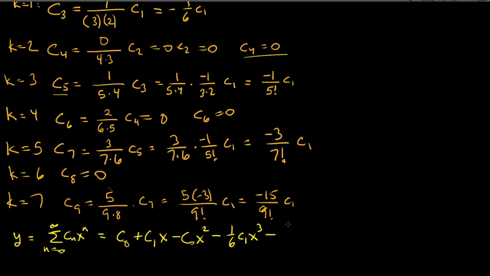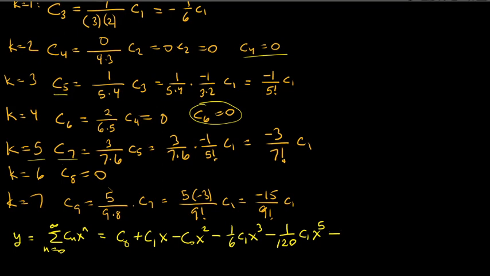So that's going to be negative 1/120, right, times C1 times x to the 5. And, right, C6 is 0. So there's no x to the 6 term. So we go on to the x to the 7, which is, k is 5, but n is 7, right? So C7 is just going to be this big number here, 3/7 factorial.